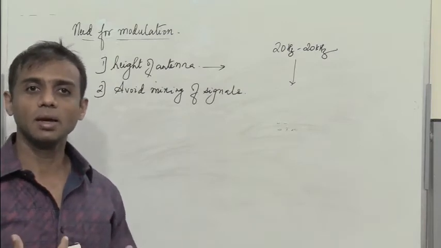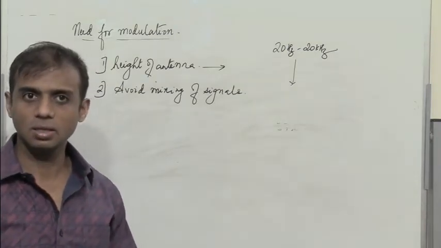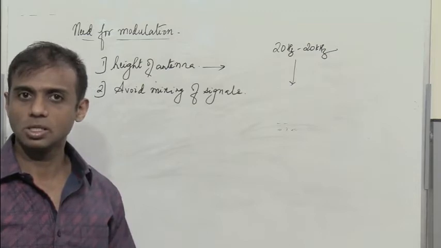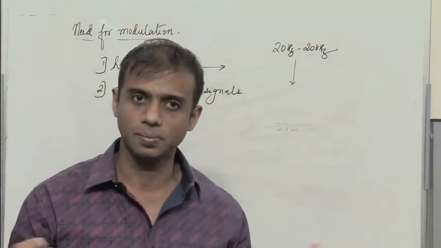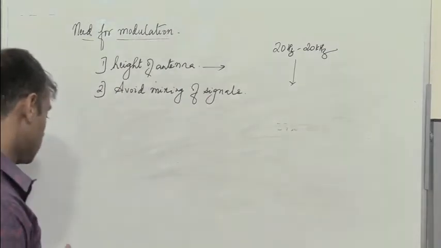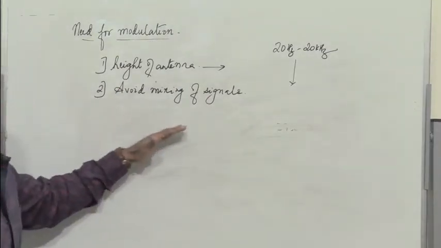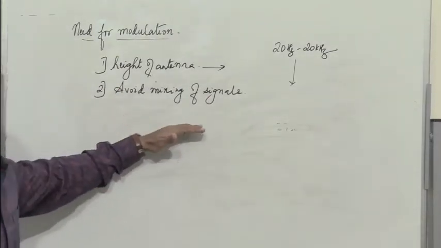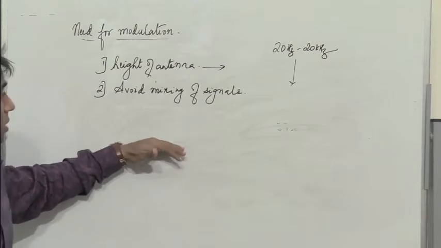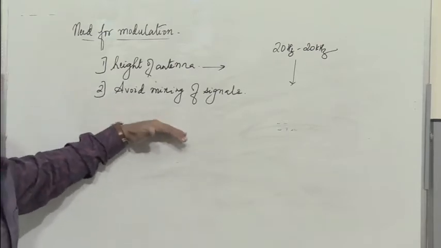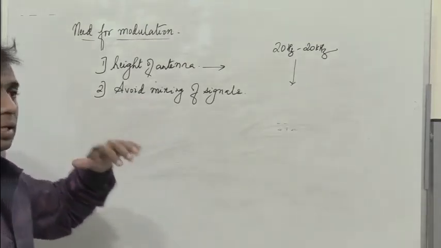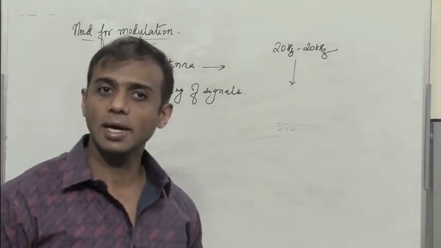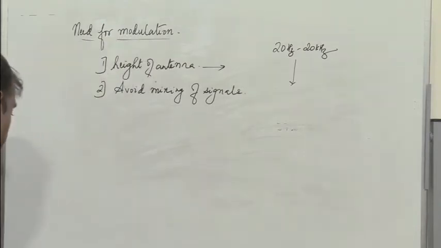These signals would interfere with each other, and it would be very difficult for us to receive these signals individually, right? To separate the various transmitted signals at the receiving end becomes very difficult because of mixing of signals. Therefore, in order to avoid mixing of signals, we use a high frequency carrier.